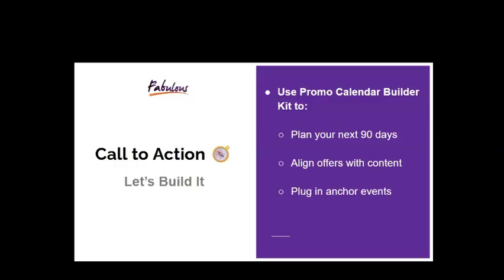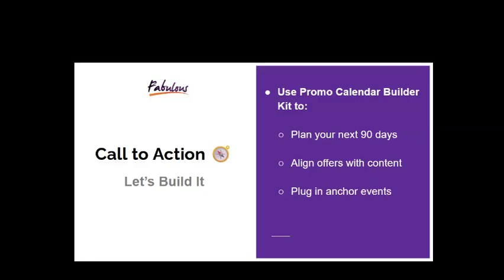But you want to use the promo calendar builder kit to do a few different things. Use it to plan your next 90 days. I just gave you an example of a monthly promo flow, but establish a 90-day flow, like 3 months. Align your offers with your content. I just showed you an example of that.